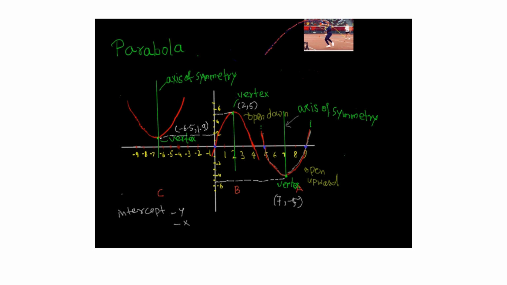So in a parabola you find that the curve intersects the x-axis at two places. Similarly, in case of B parabola, here these are the two intersects with the x-axis: 9, 0, and this is 5, 0.